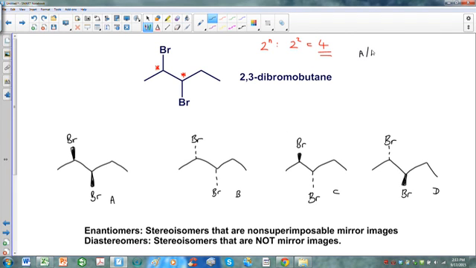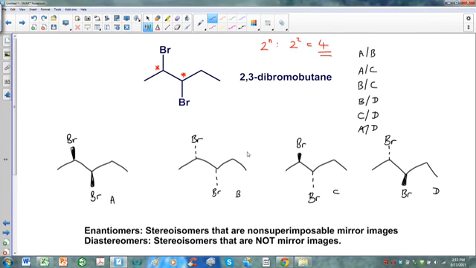We're going to compare A and B, A and C, B and C, B and D. Now I want to make sure that I get all these pairs right. There should be 6 pairs, I think. C and D, and which is the one I'm missing? I'm missing A and D, I think.